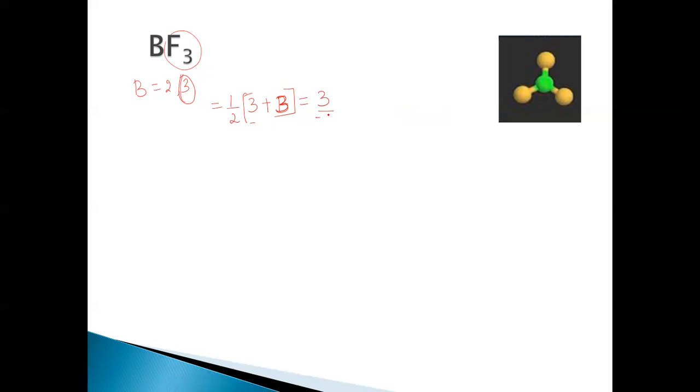So if this number is 3, we can say the shape is trigonal planar. What is the shape of the molecule? They are arranged at the corners of an equilateral triangle. So how does this look? It is trigonal planar, simply trigonal planar.